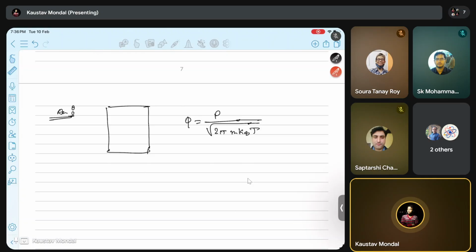Now, since the area is mentioned, we can multiply the area on both sides because area is needed.